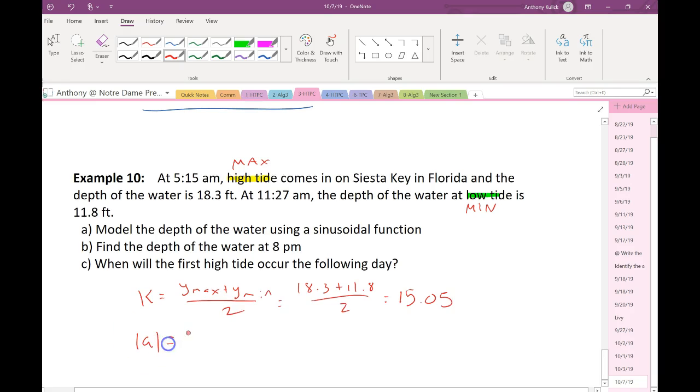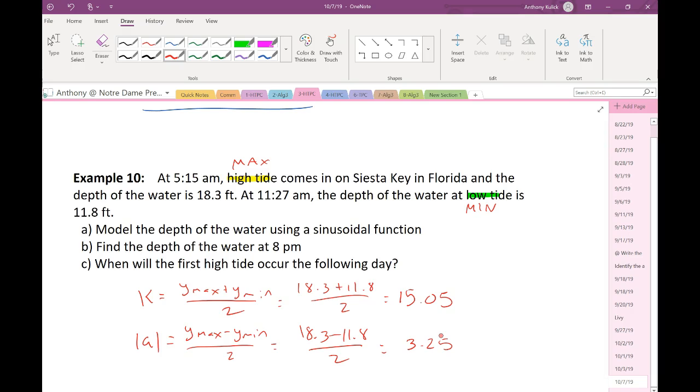Similarly, I can find the A by doing Y max minus Y min over 2. And when I do that, I get 3.25. Is everyone okay there?